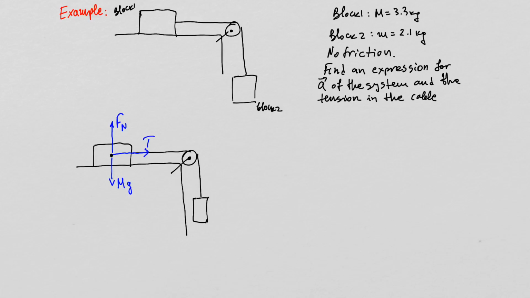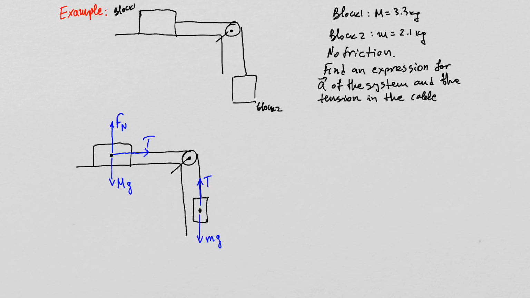For block number 2, we have the weight of the block straight down, so this will be m times g. And then we have the tension in the rope straight up, like so. And those are the only two forces that act on the system.